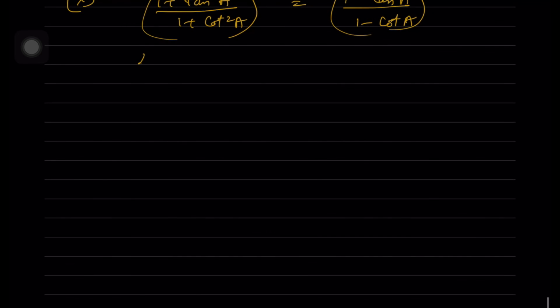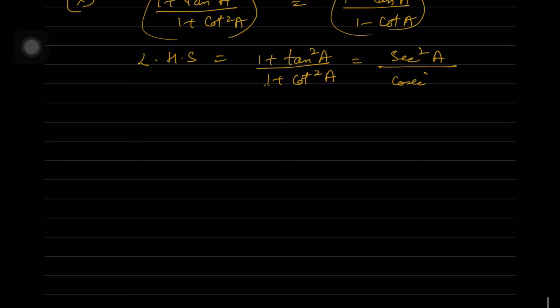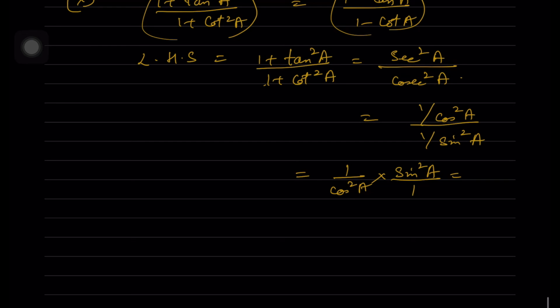So here we are having LHS is equal to (1 plus tan square A) by (1 plus cot square A), which is equal to secant square A by cosecant square A, which is equal to (1 by cos square A) by (1 by sin square A), which is equal to 1 by cos square A into sin square A by 1, which is equal to sin square A by cos square A, which is equal to tan square A.